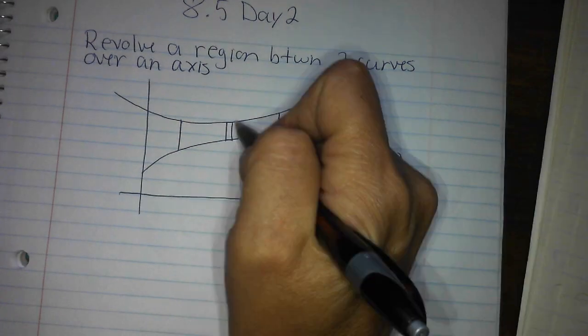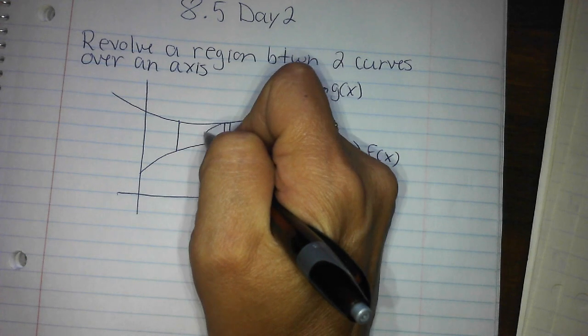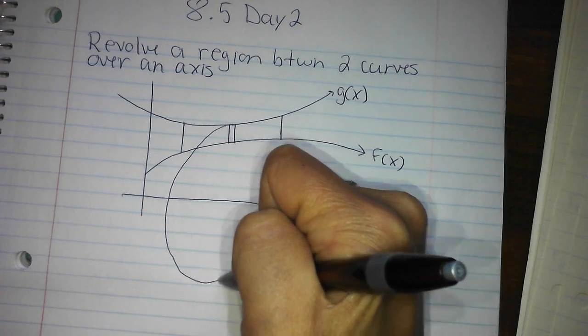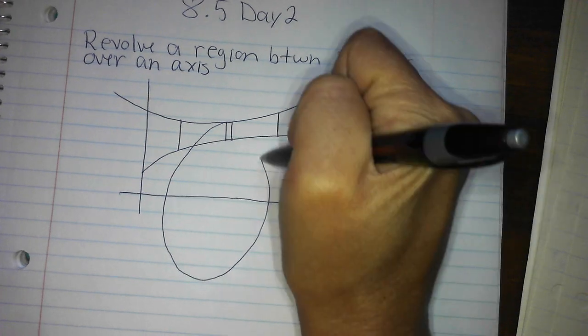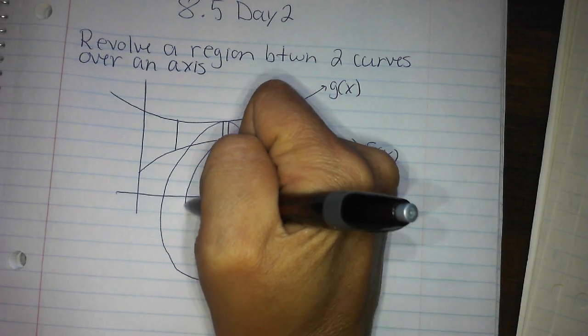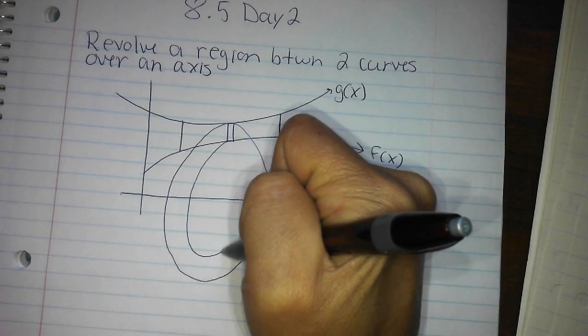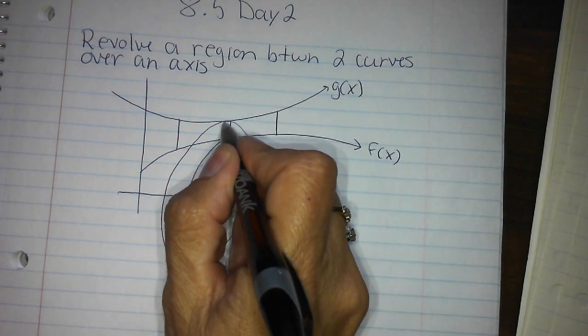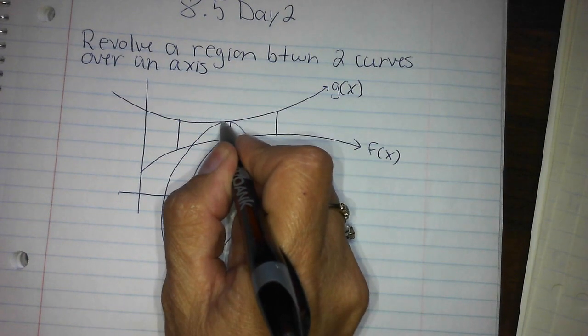So I'll do my best at drawing it. So we go all the way around the x-axis. On the bottom. And then it has thickness to it. I don't know if I want to try the thickness or not here.